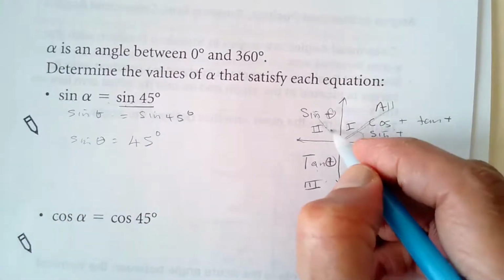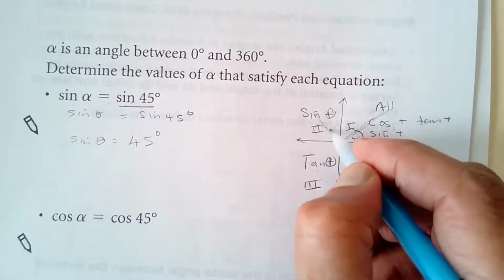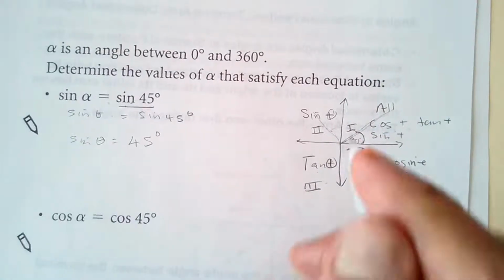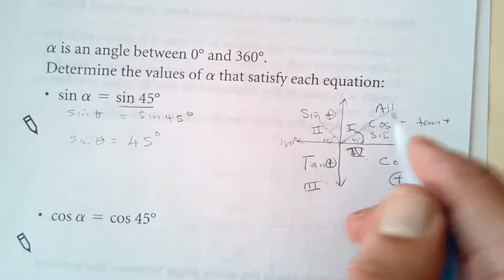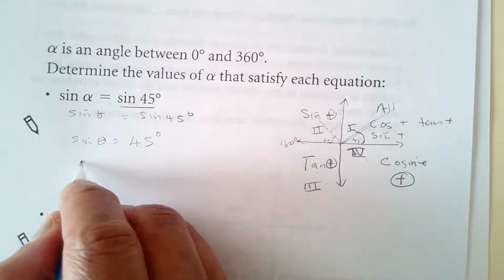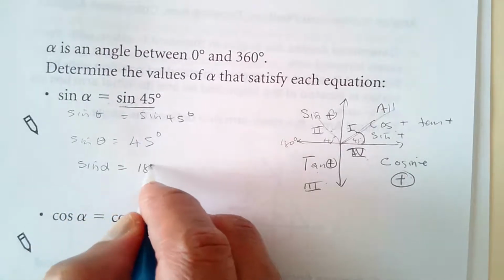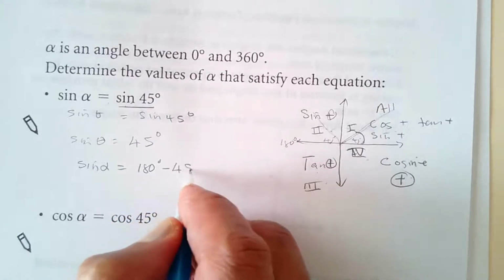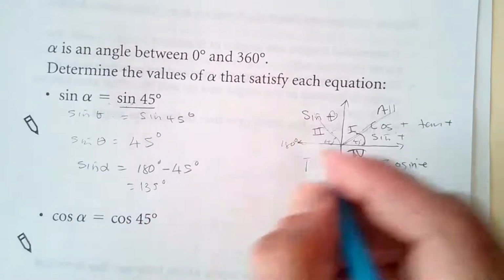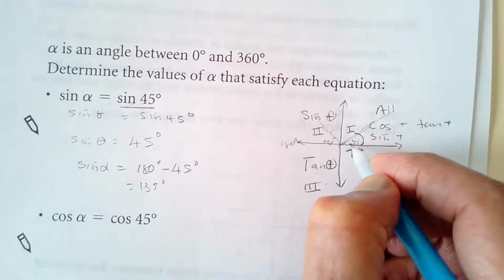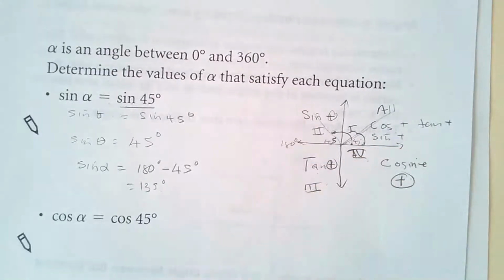The next one where it's positive is 180 degrees minus 45, which gives us 135 degrees. So from the initial arm, the terminal arm would be at 135 degrees.